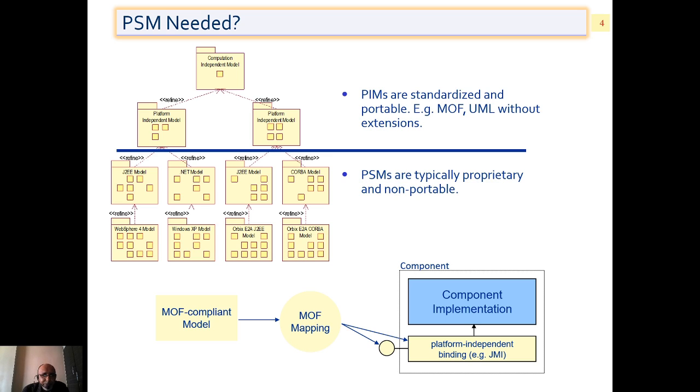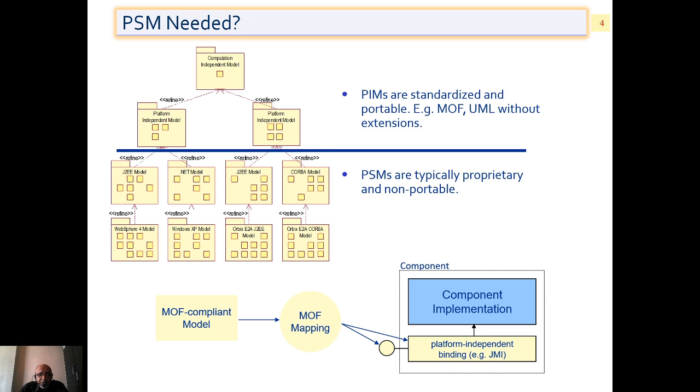Example here, they have mentioned that I can read is .NET model, J2EE model, Corba model, and so on, Windows XP model, WebSphere model, Orbix model. Okay, so many things. So what do you do at the end of the day? The component implementation here and the platform independent binding, through JMI, Java Metadata Interchange, right?